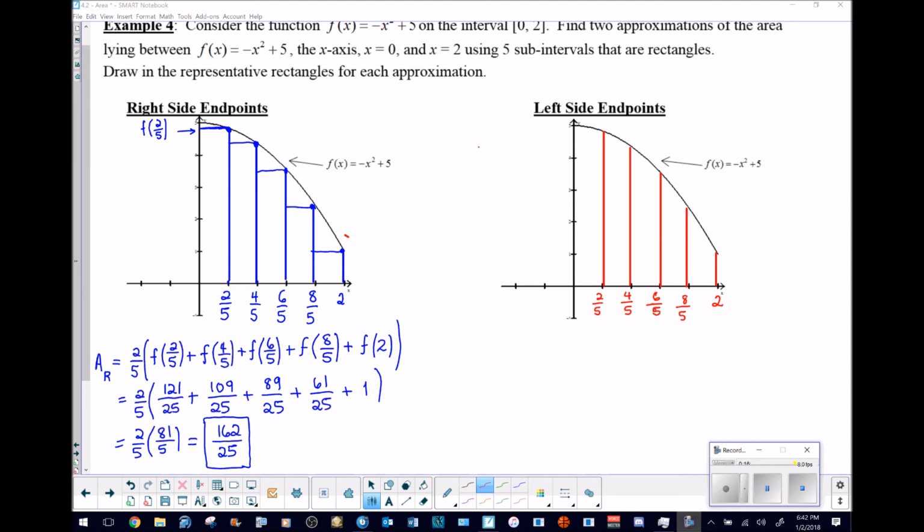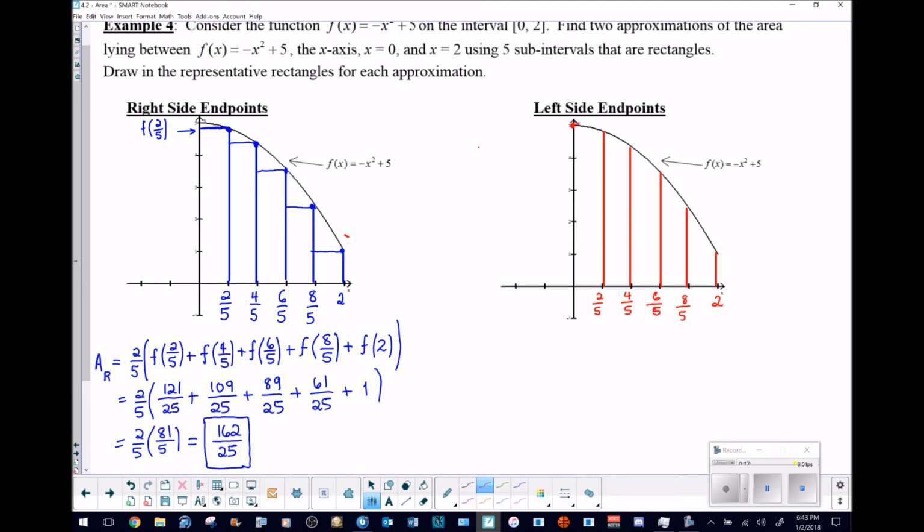we can see that a left side endpoint, much like the right side endpoint, is going to utilize some positions on the curve. And for our first rectangle, we're going to use the y-axis and where it meets the curve. And you can see how we will draw a segment moving to the right.